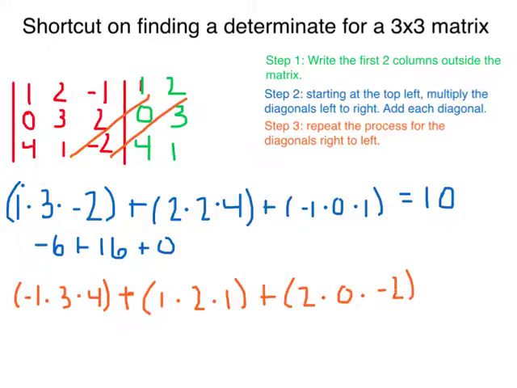And let's go ahead and simplify that. We've got negative 12 plus 2 plus 0. So we have negative 12 plus 2 equals negative 10.